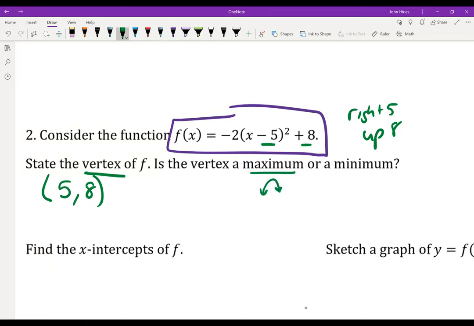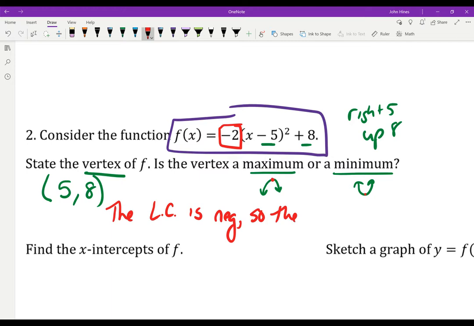Is it a maximum? Am I concave down? Or is it a minimum? Am I concave up? Well, that depends on the leading coefficient. The leading coefficient is negative, so the parabola is concave down. It's opening downwards.